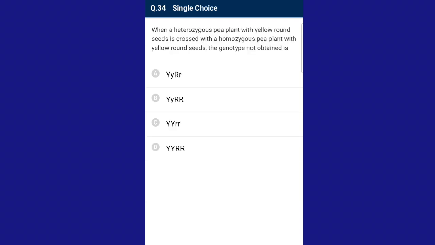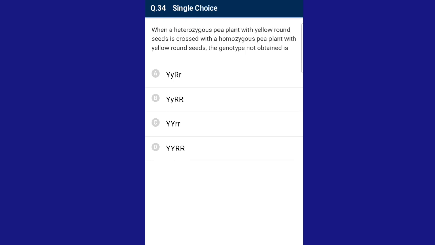Question number 34. When a heterozygous pea plant with yellow round seeds is crossed with a homozygous pea plant with yellow round seeds, the genotype not obtained is. Heterozygous pea plant genotype for yellow round seed: capital Y, capital R, small r.